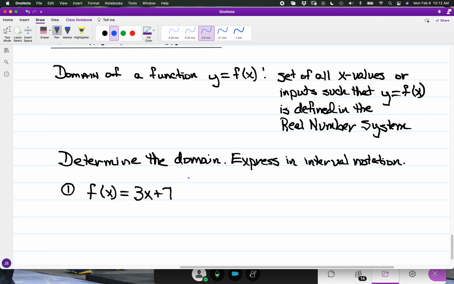So in this particular case, a function like this is going to have no restrictions. In other words, there's nothing that keeps x from being any positive number or negative value or even from becoming 0.